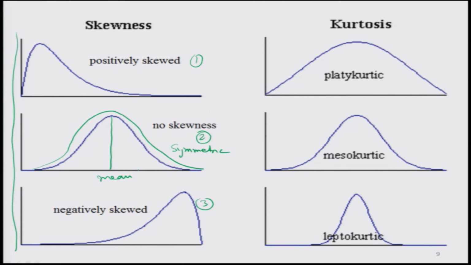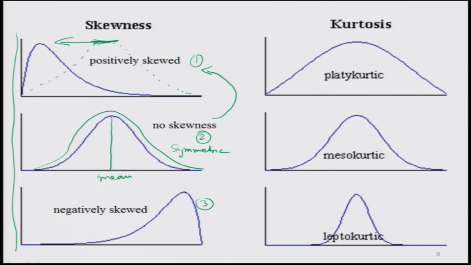Now, if you compare figure number 2 with figure number 1, and plot them over the same figure, this will look like this. You can see that the hump is now shifted to the left hand side.